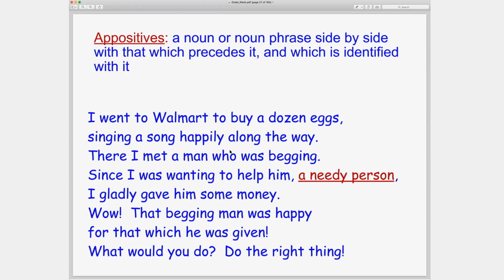I didn't document that in my slides. But a needy person describes him. Since I was wanting to help him. I could have said, since I was wanting to help a needy person. In fact, I could have said, since I was wanting to help a needy person, comma, him, comma, I gladly gave him some money, and him would be the appositive.